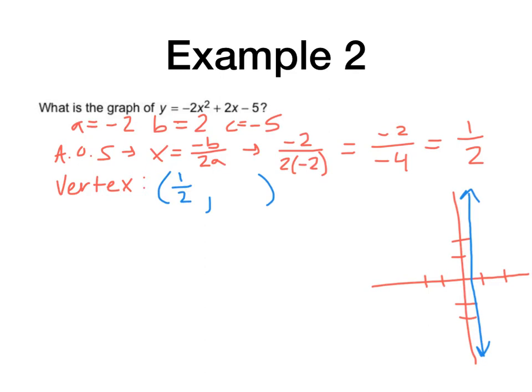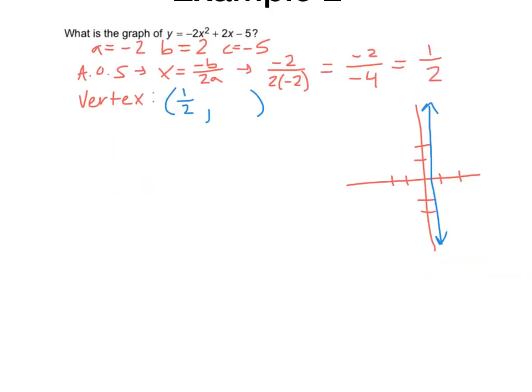What do we do to find our second number in our vertex? Plug it in. So we need y is equal to -2 times 1/2 squared plus 2 times 1/2 minus 5. What is 1/2 squared?